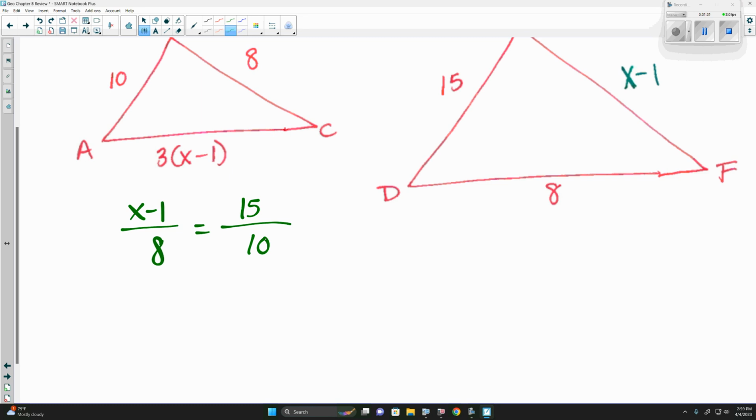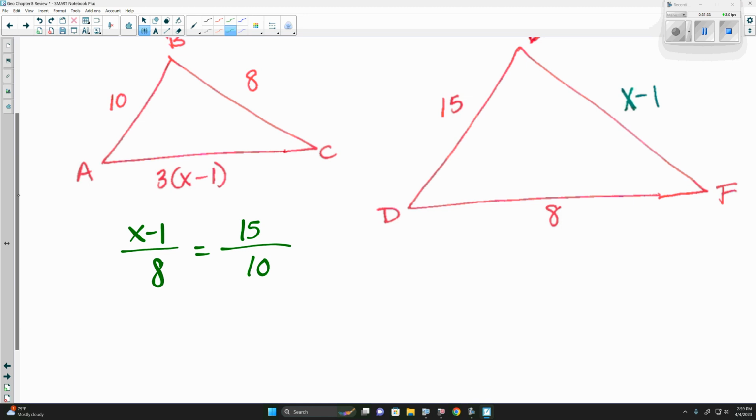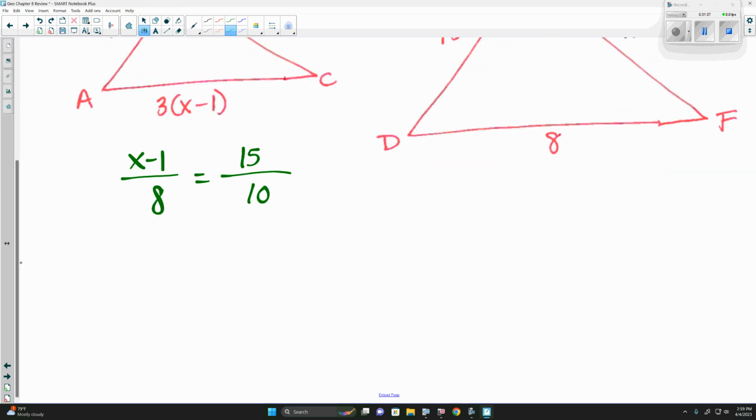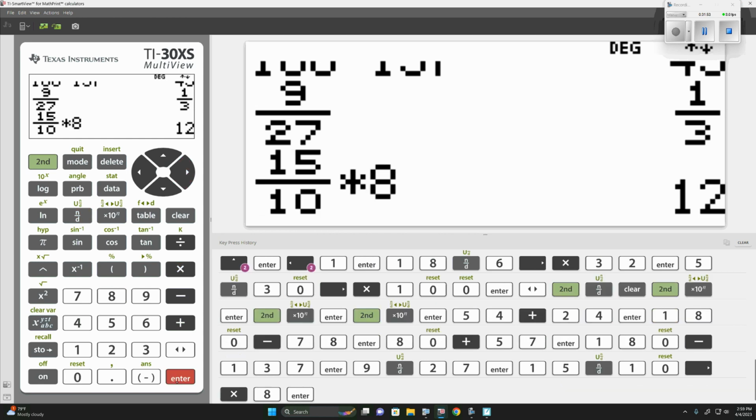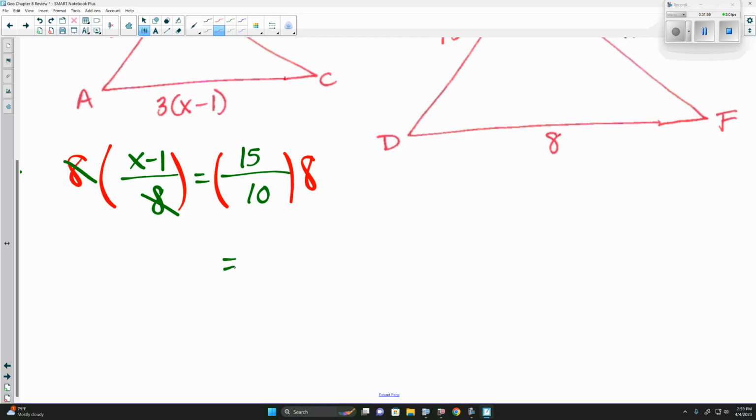I would try not to pick the side that has x. Multiply both sides by 8, and these will cancel. Hopefully 15 over 10 times 8 gives us a nice number. That tells us 12.